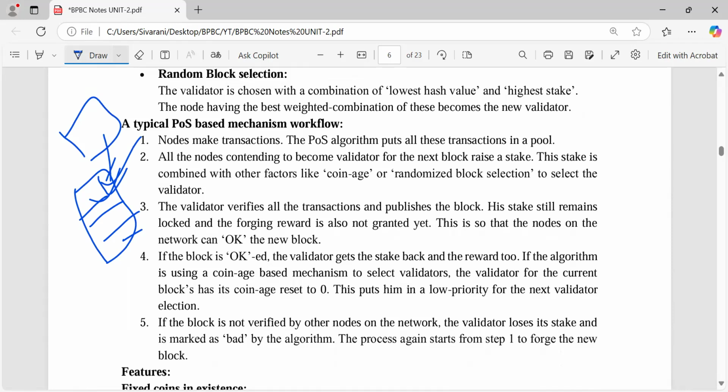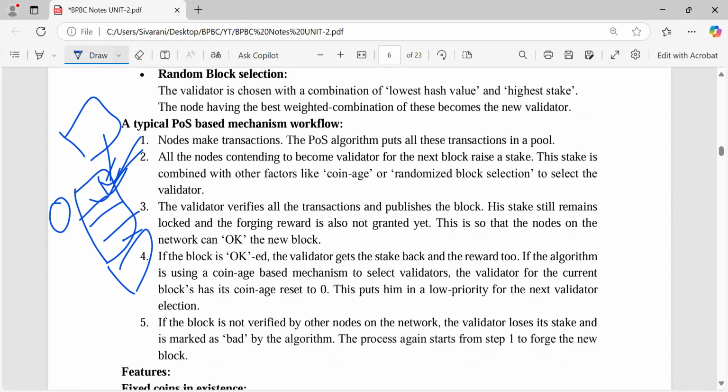So first we have to lock that miner's stake. After the node is validated, the new block will be created. And when the block is approved, we give the reward and also remove that lock, and we maintain the coin age at 0 and put them into a lower priority for the next validator selection.